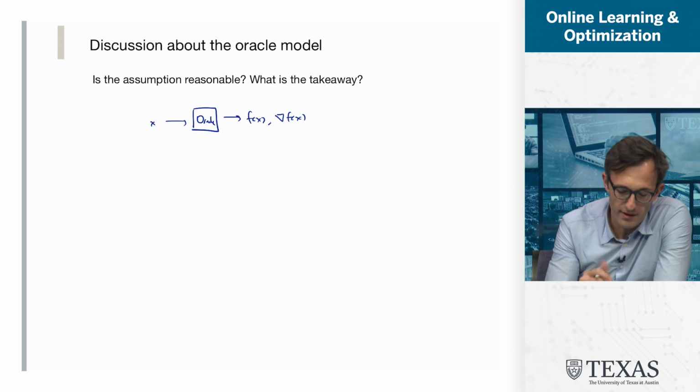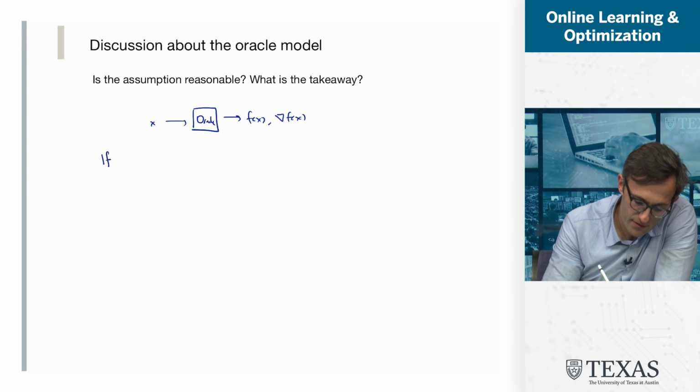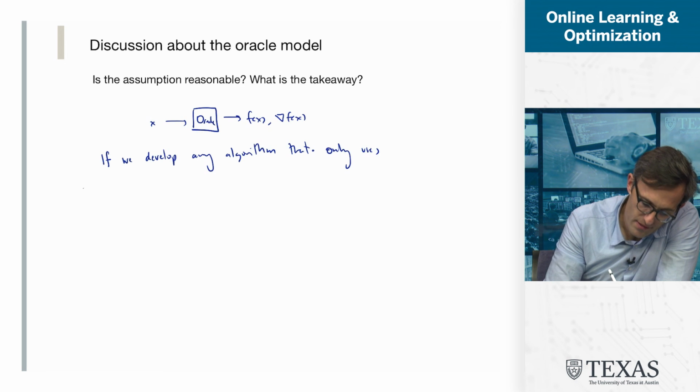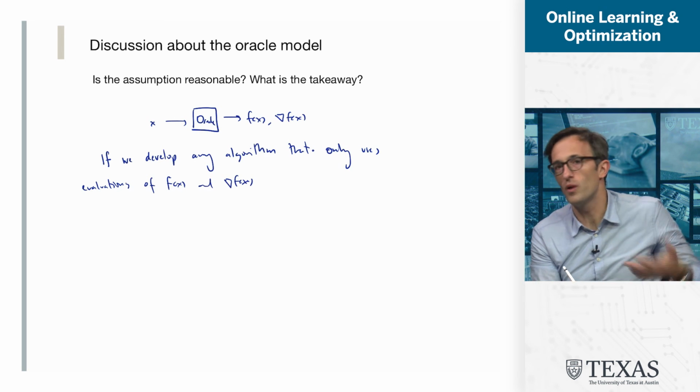Well, it says the following thing. One way to think about this oracle model and what the takeaway is, or what it guarantees, is if we develop any algorithm that only uses evaluations of the function and the gradient, then we can imagine that we have only access to the oracle.